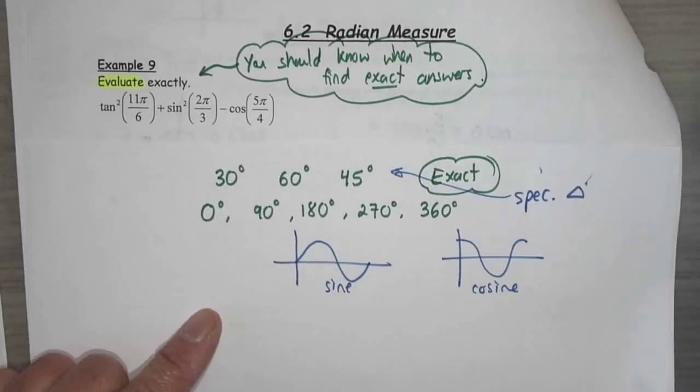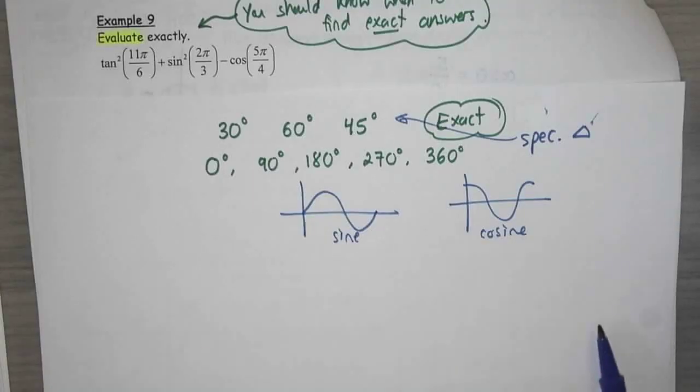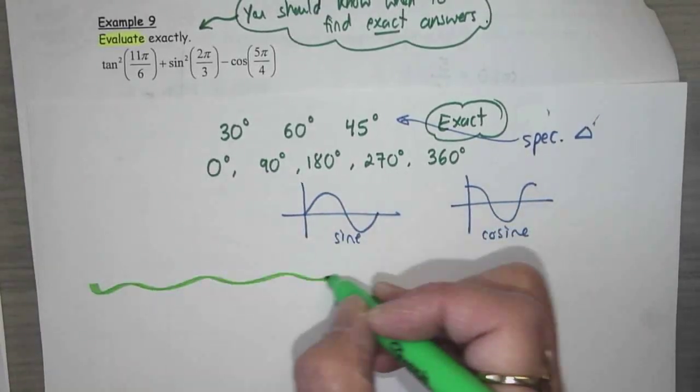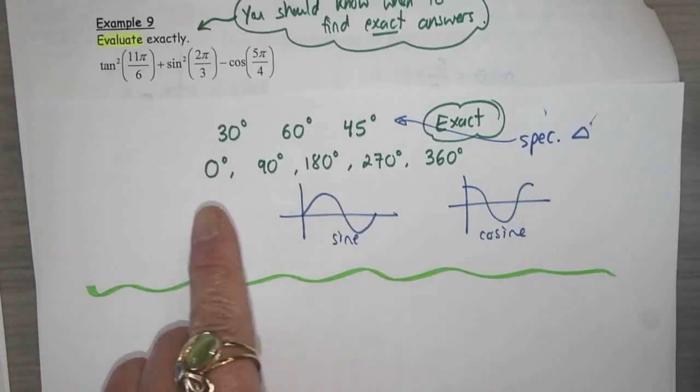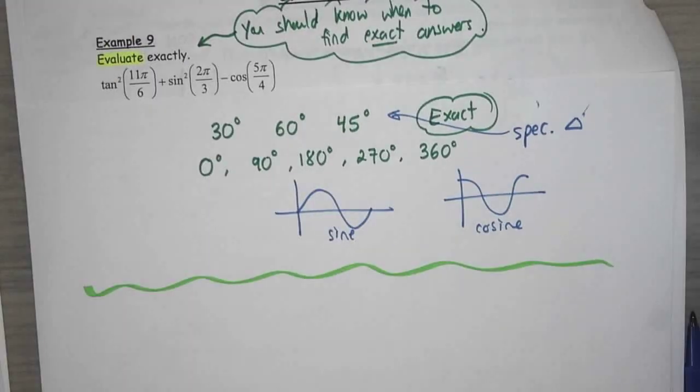The same thing holds true when you are doing radians. The same idea as when we did these guys here, I shouldn't have had to tell you last year when to do exact because you knew anything with a combination of 30, 60, 45, you should know exact. So the same thing will be for radians.